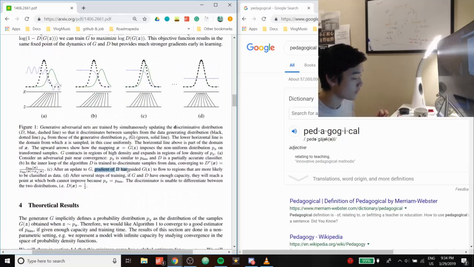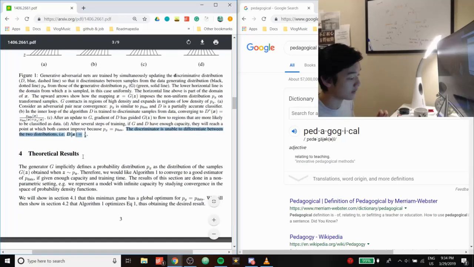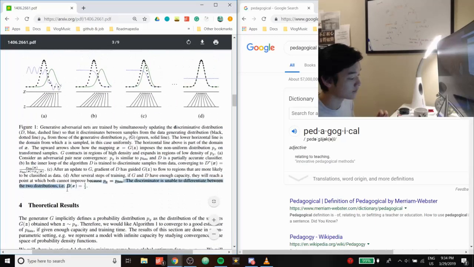It also makes sense when the generator is outputting exactly like the original data. Then of course the discriminator cannot differentiate and therefore the training stops. So D(x) equals 0.5, because it cannot differentiate between the two distributions.